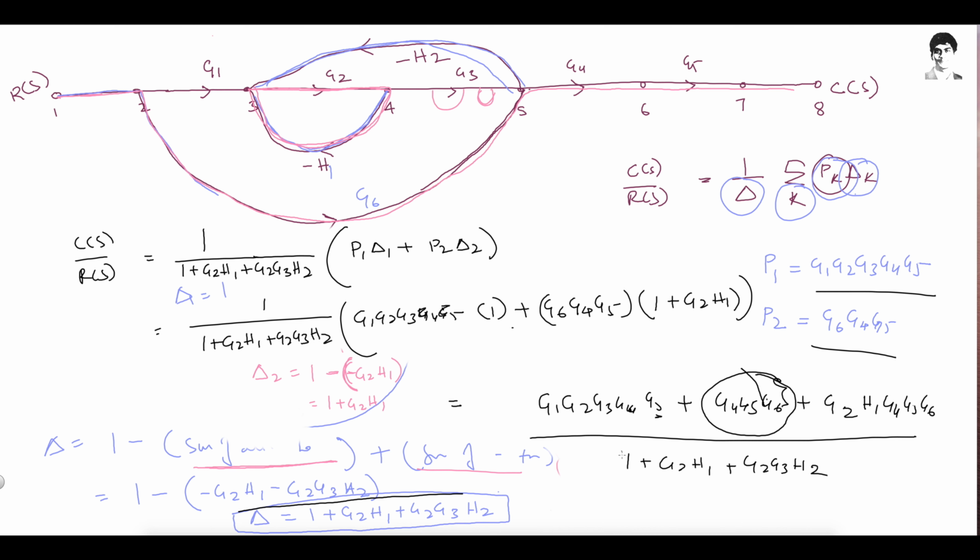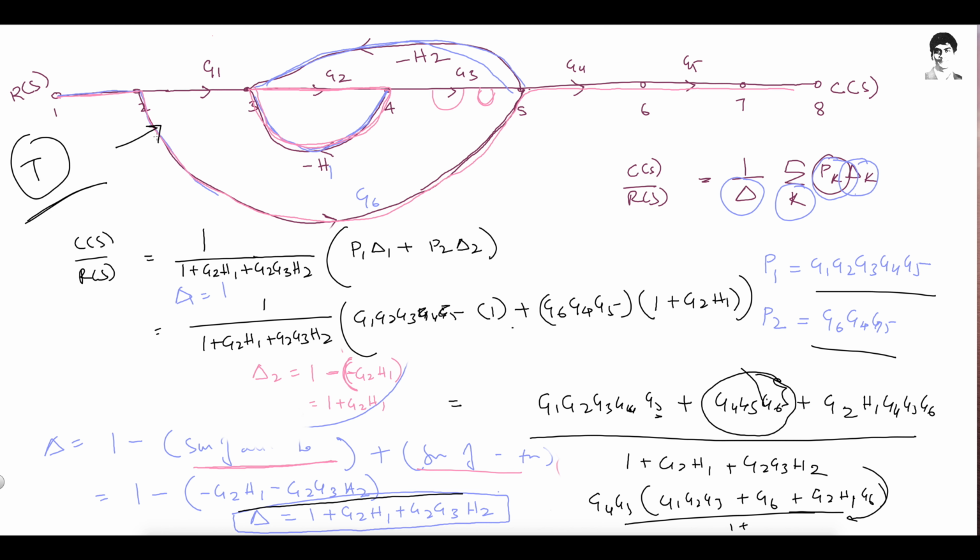So you can take out G4, G5 common and then write it like this: G4, G5 into G1, G2, G3 plus G6 plus G2, H1, G6, by 1 plus whatever this is here. That is how we have found out the transfer function of this given signal flow graph.